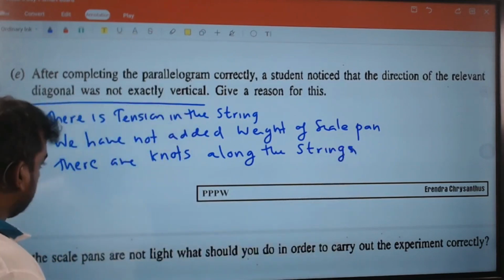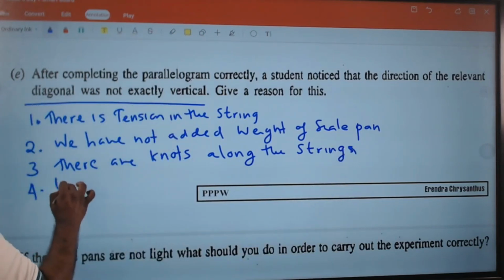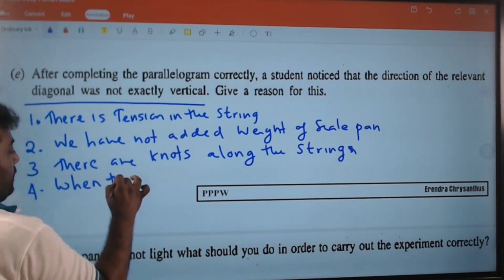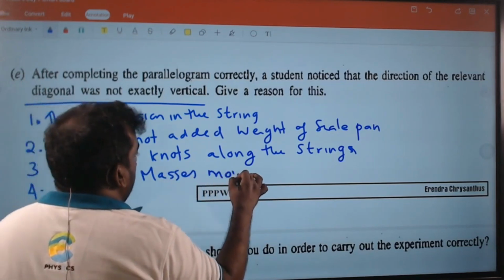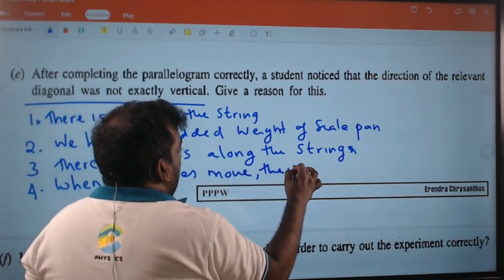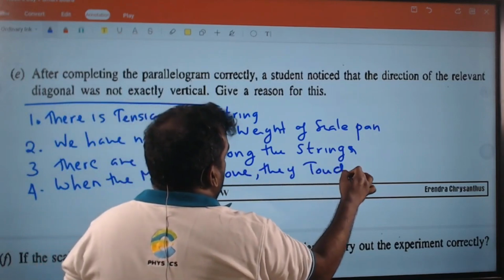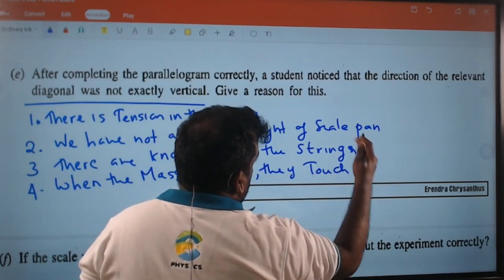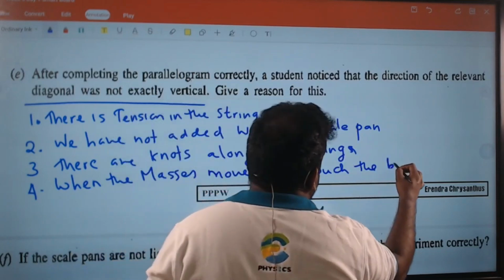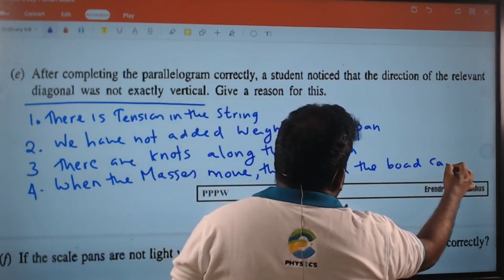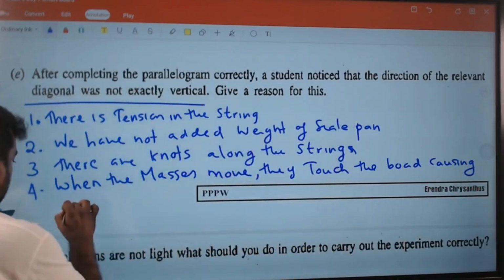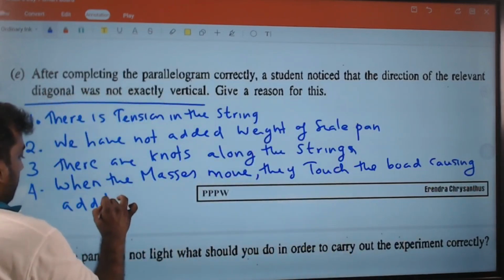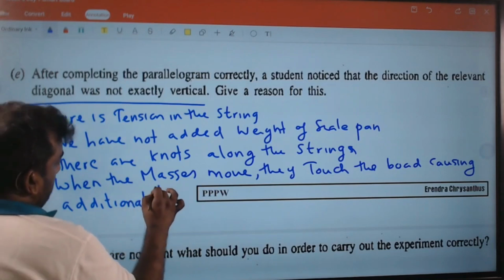What else? When the masses move, they touch the board, causing additional friction.